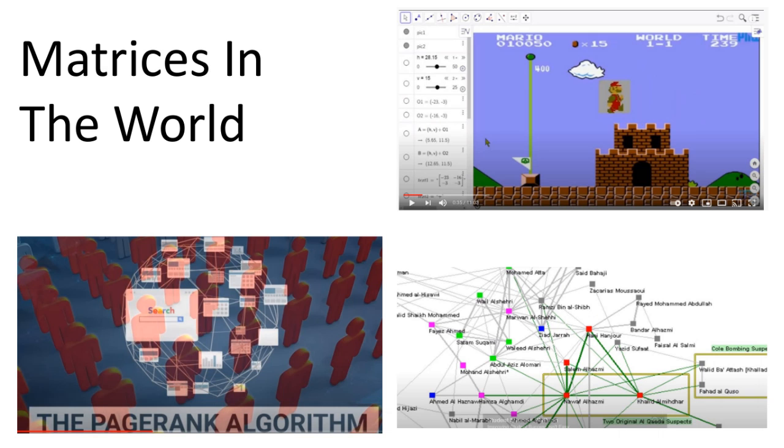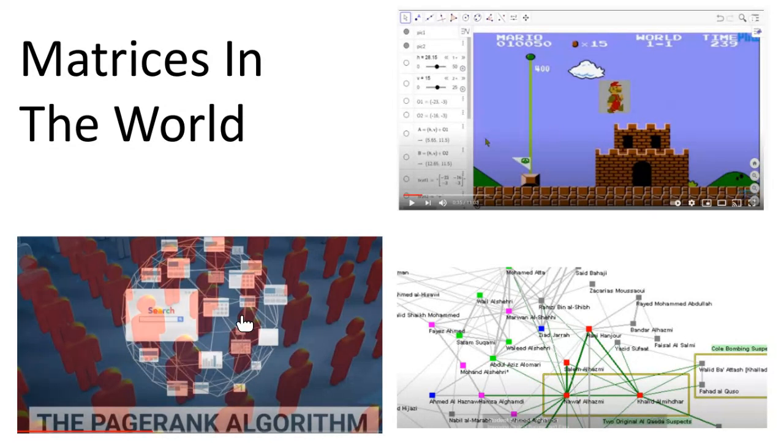Matrices, as I mentioned earlier, play a big part of the world that we live in, but we don't really see it in play because a lot of it's done in the computers in the background. One example, on the top right, you have the Super Mario game. This game uses matrices to do animations, so they make Mario hop or move to the left or move right. Another way that matrices can be used is on the lower left.